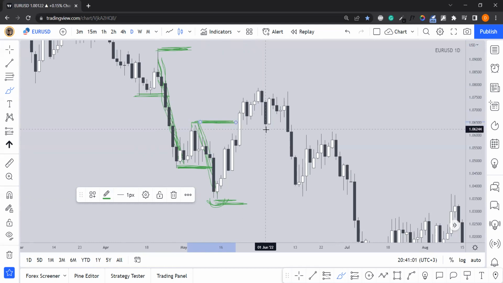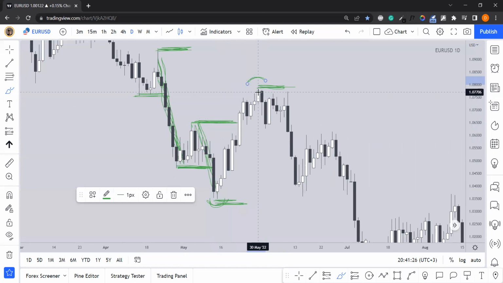So this is a pullback, and now we trace the price back and search for the highest point before the pullback. And this is the high. You see, this is the highest point. So this is the high. And now we need to ask ourselves, where did this high come from? We trace the price back and see where was the first pullback.